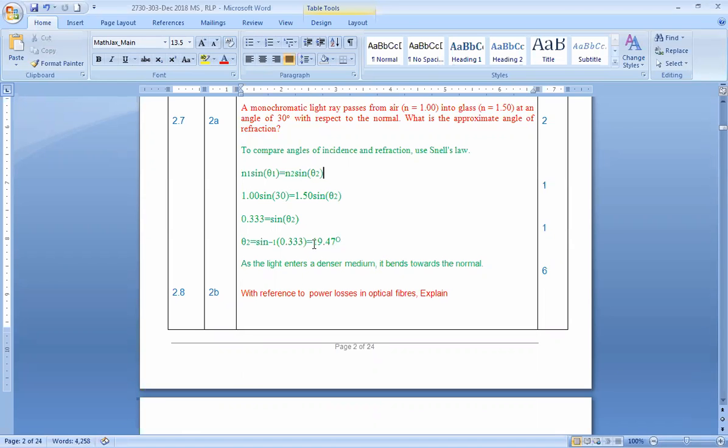So we will have to make use of Snell's law here. n1 sine theta 1 is equal to n2 sine theta 2. You will be needing this if you are planning to get into the field of communications, wherein these days most of the broadband connections are with respect to optical fibers.